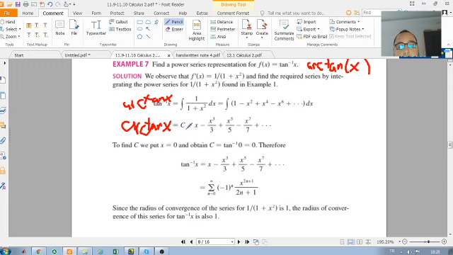Similarly, in order to find the integral constant, we write 0 to get rid of all terms, continuing infinitely many, and we obtain arctangent 0, which is equal to 0. Therefore, arctangent x will be equal to the infinite sum, which is written here.